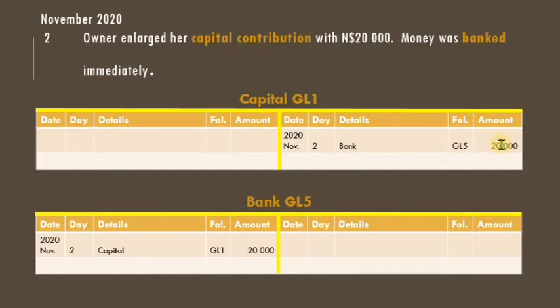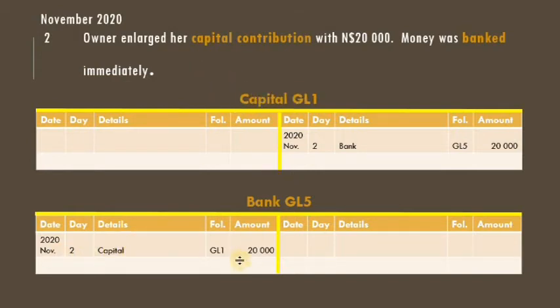Now we decided up front that bank will be debited. So we have two accounts. The other one has the name bank, GL5, General Ledger Account number 5, and we work on the debit side. So 2020 November the 2nd, the other T account is capital.